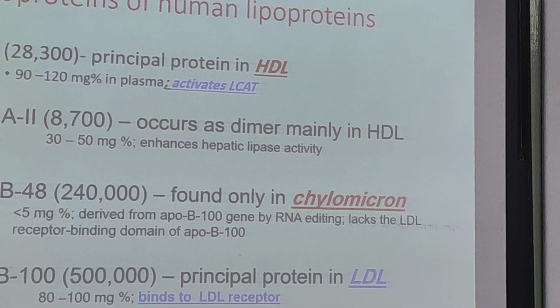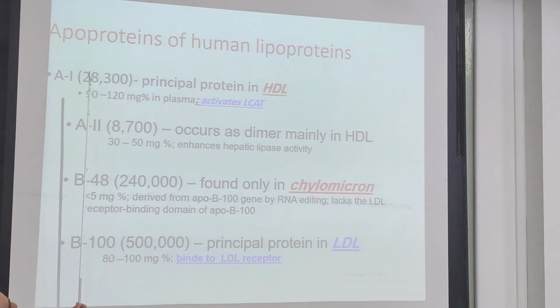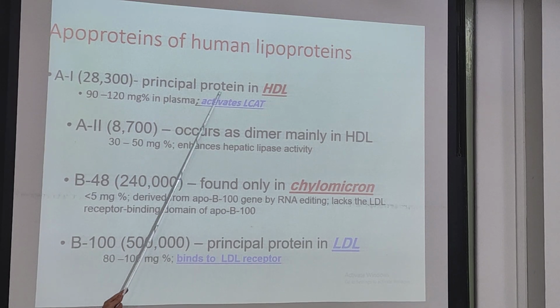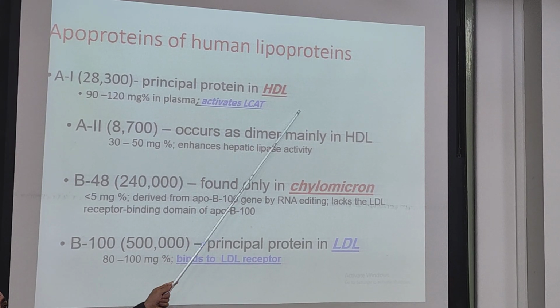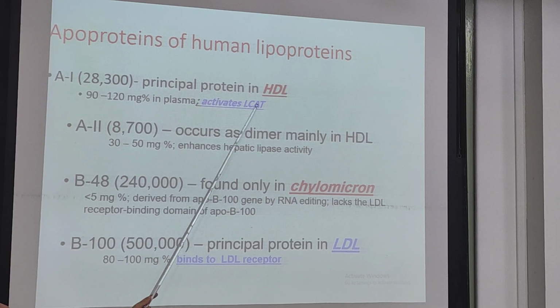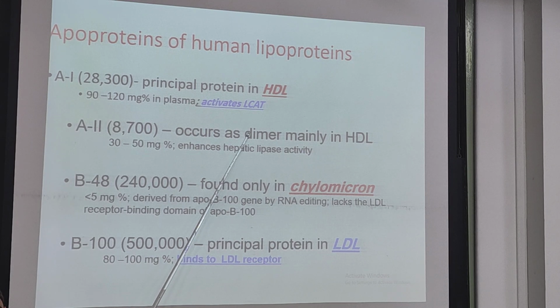Here you can see the apoproteins of human lipoprotein. ApoA1 is the principal protein in HDL, and its activity is to act as an activator of LCAT.